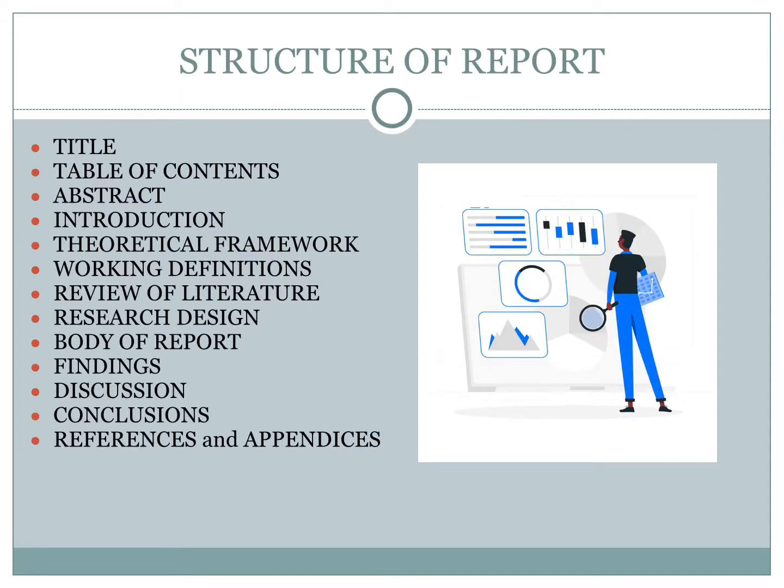Now, by and large, the structure of a report comprises the title, the table of contents, or what you call the index, an abstract, an introduction, a theoretical framework, working definitions, review of literature, research design, the body of the report, findings, discussions, conclusions, references, and appendices. I'll be explaining each of these in detail.